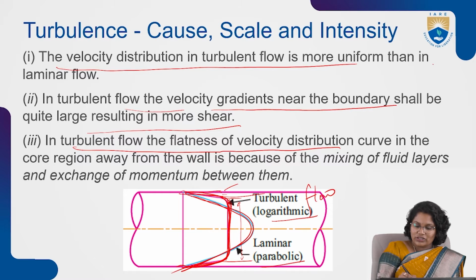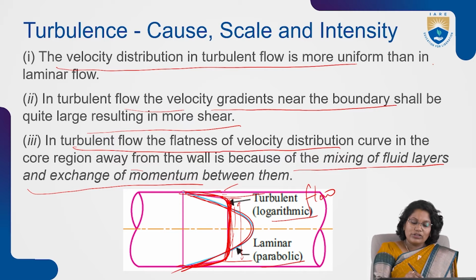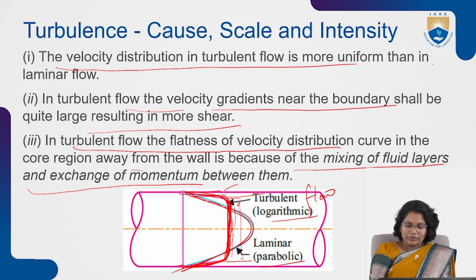The turbulent flows show flatness of velocity distribution. The flatness of the velocity distribution curve in the core region away from the wall is based on the mixing of the fluid layers. This logarithmic profile is based on the mixing and the interchange of momentum, that is, how well the fluid layers are mixed and the exchange of momentum between the particles and between the layers. Due to this, we say the velocity distribution curve is flat for turbulent flows.